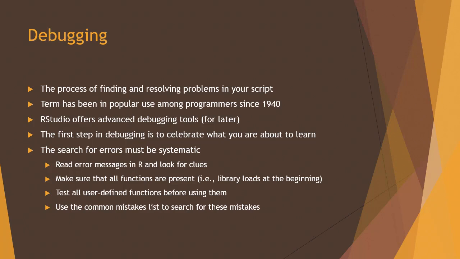So make sure, before you save your function as a function that you can use later on, that it's working well, because later on, you're going to have to refigure out what you did if you have to fix something in your function. Use the common mistakes list that I gave you to help search for mistakes.